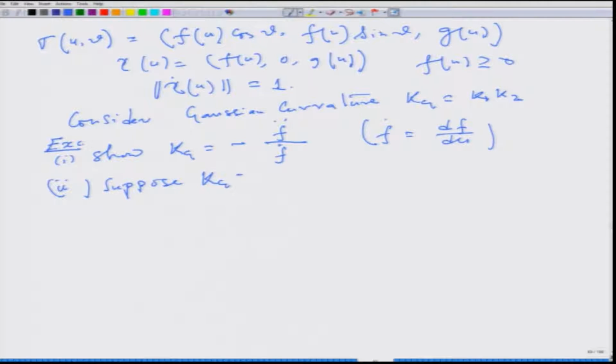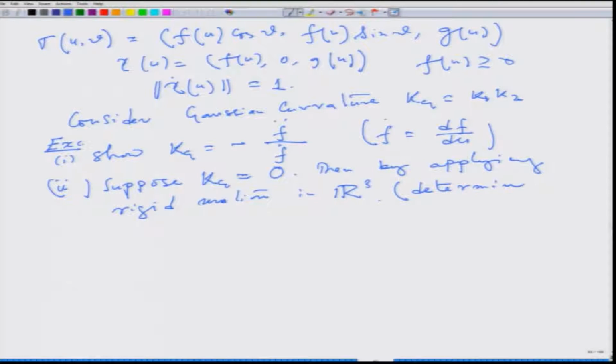If K_G equal to 0, that is Gaussian curvature is 0, then by applying a rigid motion in R 3, determine which are the surfaces, because there are cases.